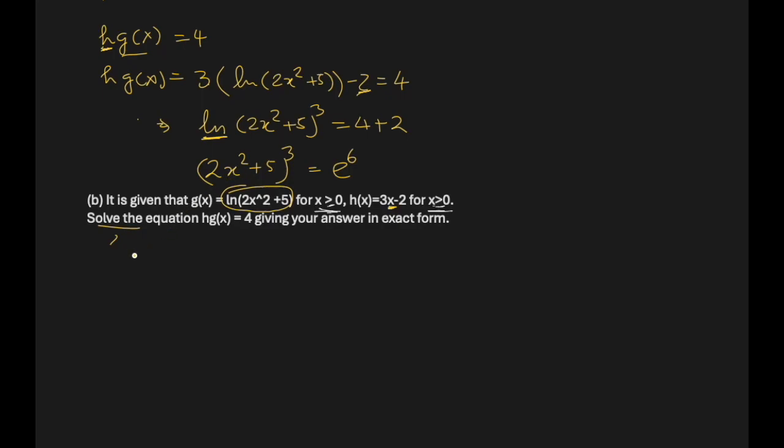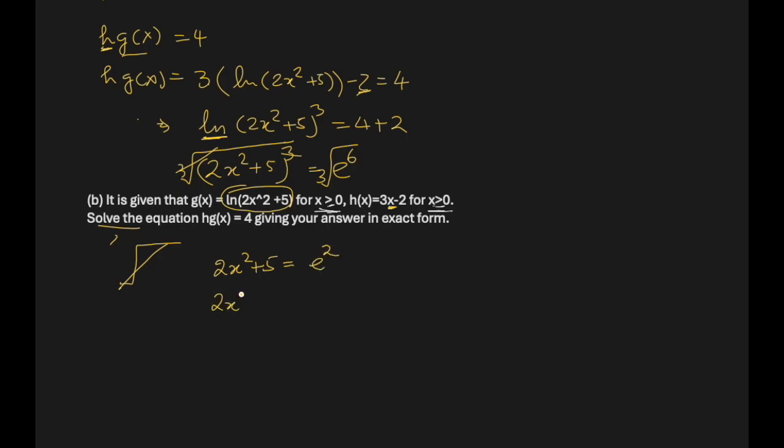Now we want the cube root of both sides, so that we get rid of the cube here. So we are left with just 2x square plus 5 equal to cube root of e to the power 6, which will be e square.